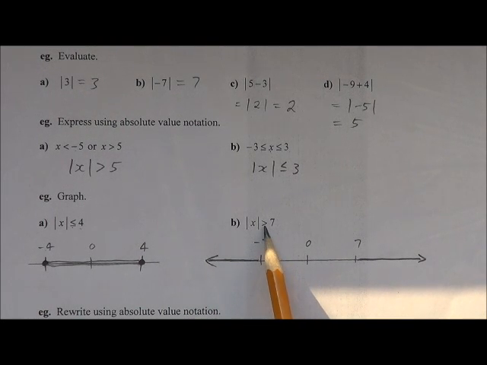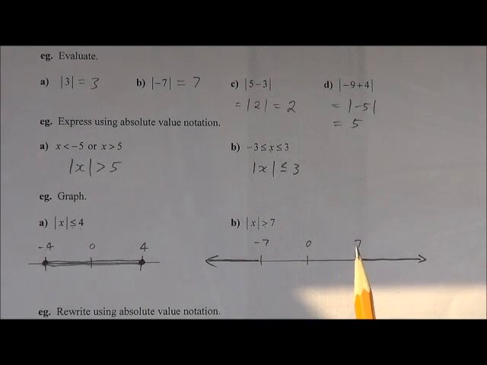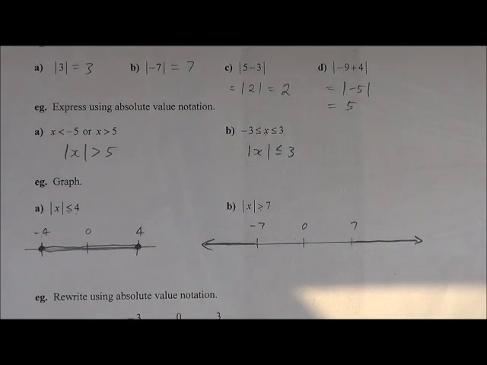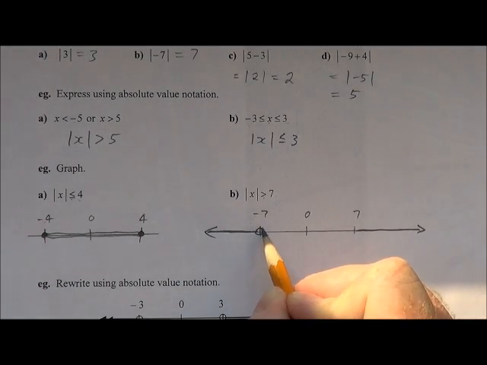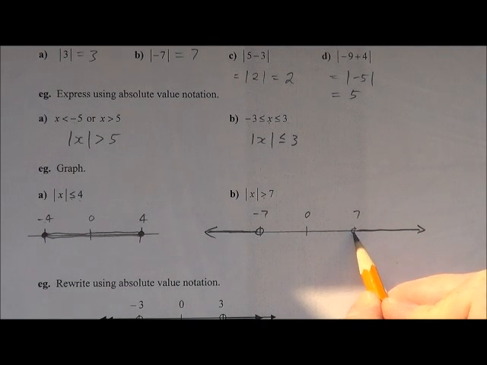And now because it doesn't say equal to, that means that 7 and negative 7 are not in the domain of the function, which means that we'll put what kind of circle there, closed or open? Right, we're going to put an open circle there and an open circle there.